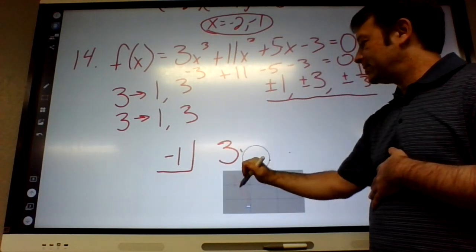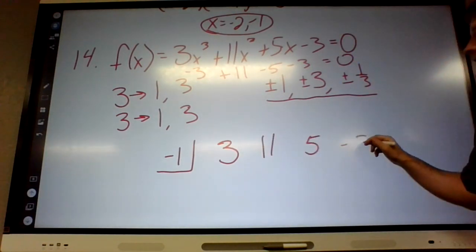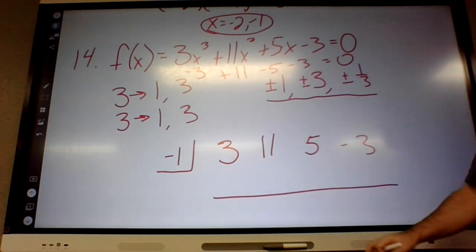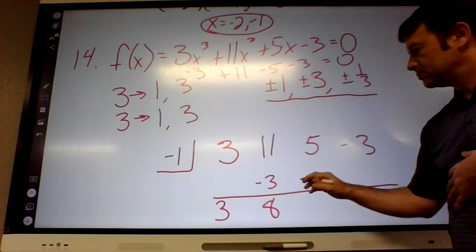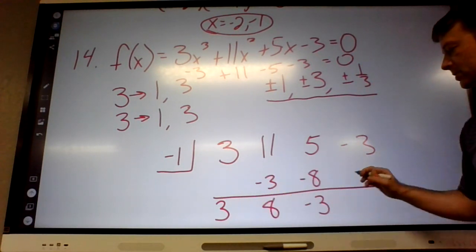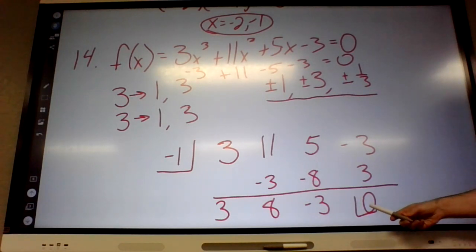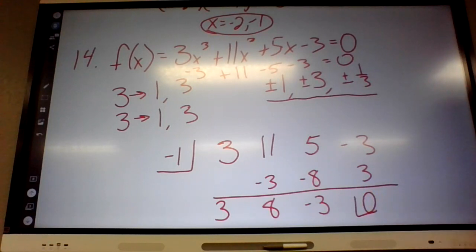So I'm using synthetic 3, 11, 5, -3. So remember, it was add down, multiply up. And if it actually does work and we do it right, the answer that does work, the remainder should come out at 0.